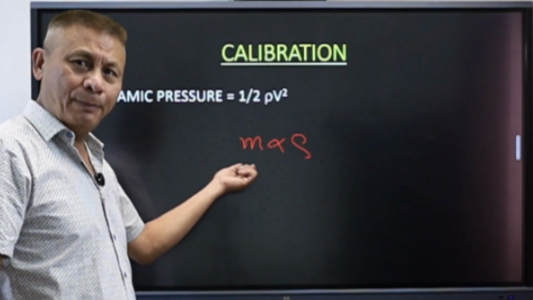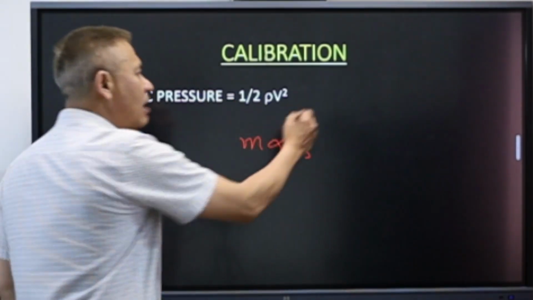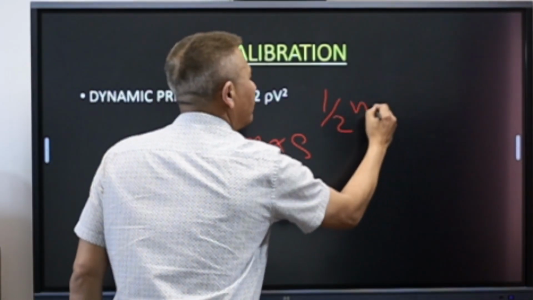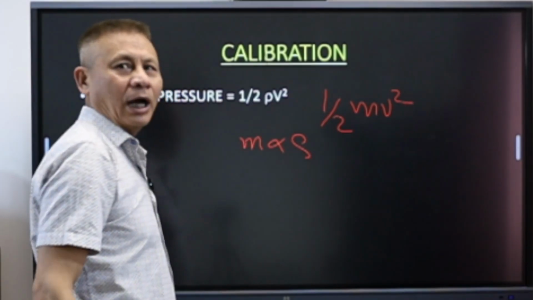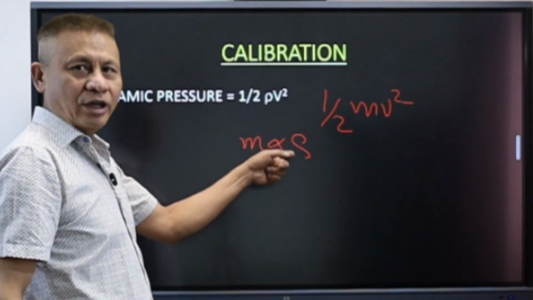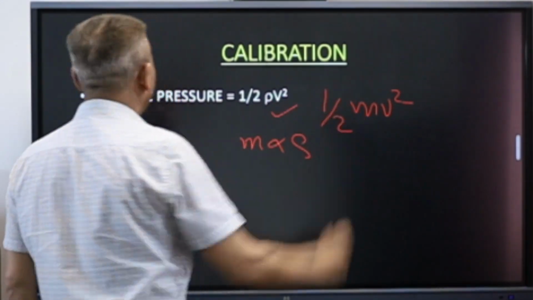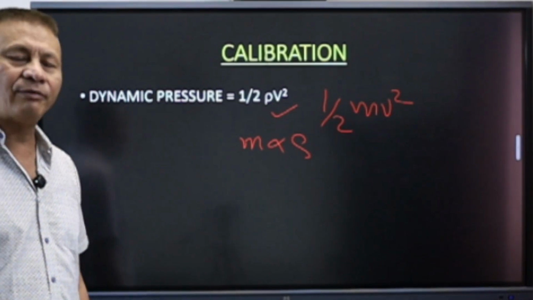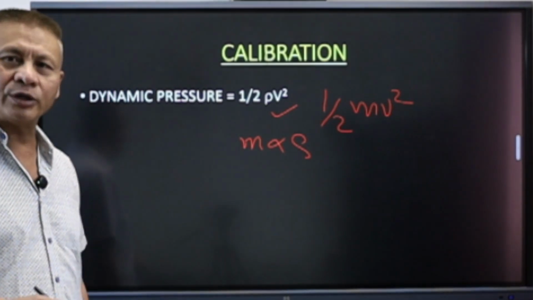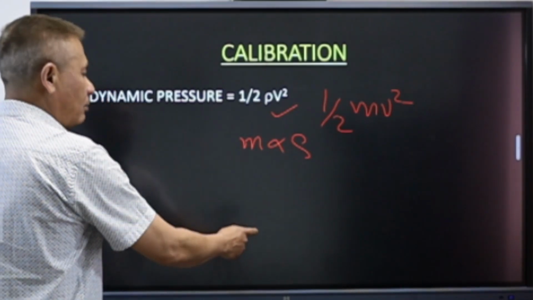So we can replace the mass in that kinetic energy formula by the density. Therefore, the dynamic pressure is equal to half rho v square, where rho is the density of the atmosphere.